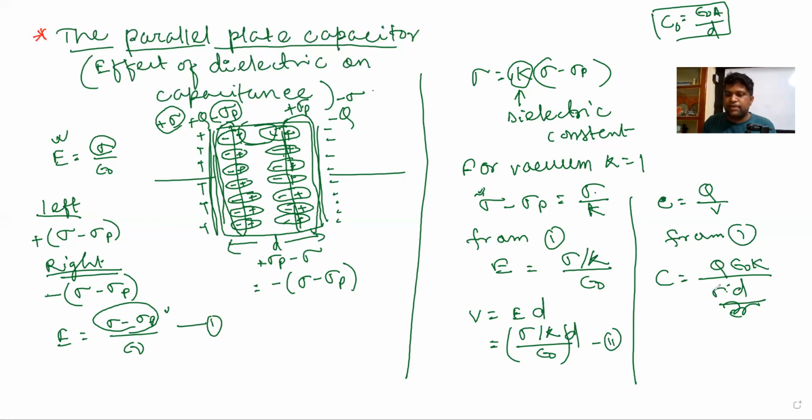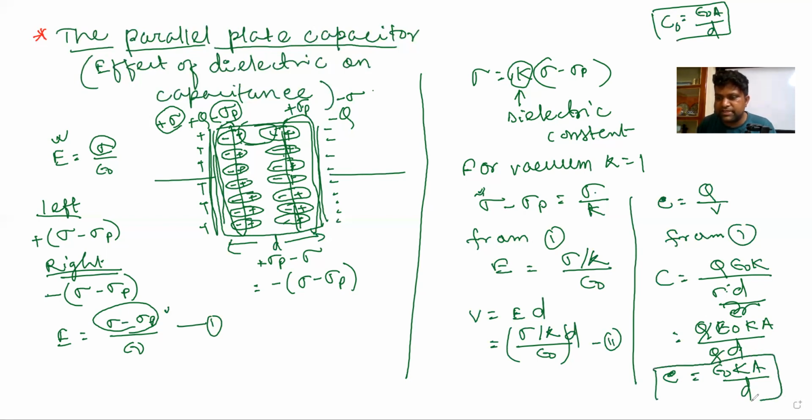And what is sigma? Sigma is the charge density, sigma is Q by A, so A goes up again to the numerator. So D, Q cancel out, and C is epsilon naught K A by D.